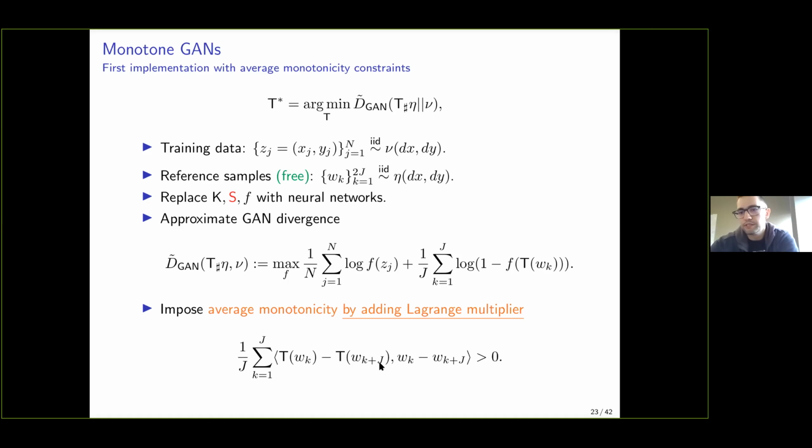We will impose it using a Lagrange multiplier, all right? So this is a huge approximation, I know. I'll show you in a few minutes how you can actually do this exactly as well. But this average monotonicity constraint seems to work very well in practice, and it's very convenient to implement, okay? So this is what we're going to do for now.